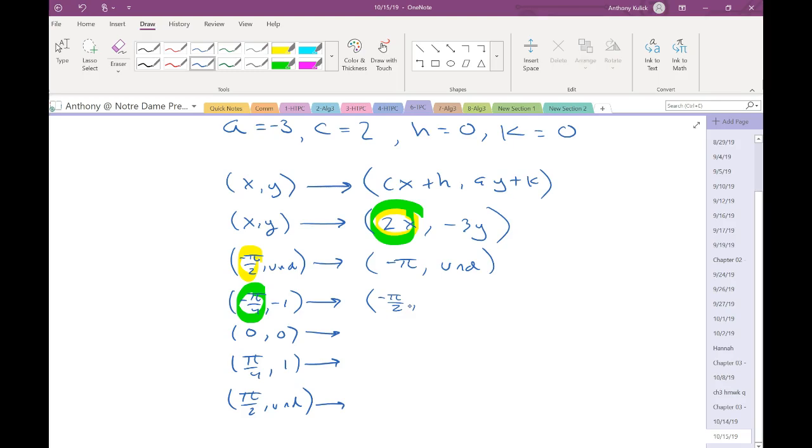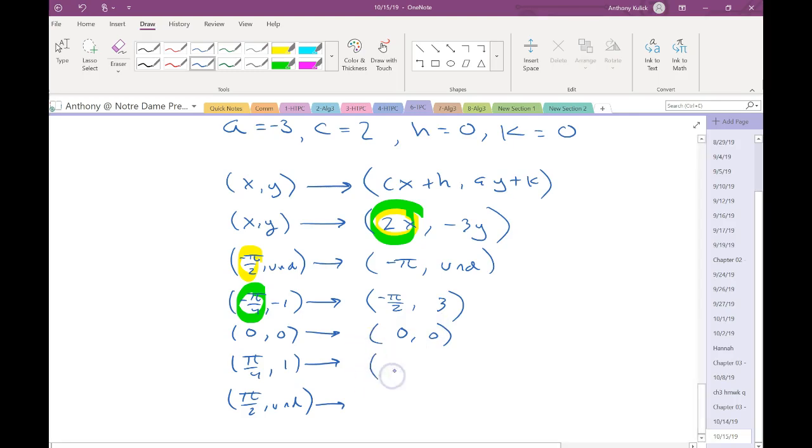Okay. And then what will my y-coordinate be? Positive 3, because negative 3 times negative 1 is positive 3. What's the next point going to be? Still 0, 0, right? 2 times 0 is 0. Negative 3 times 0 is 0.